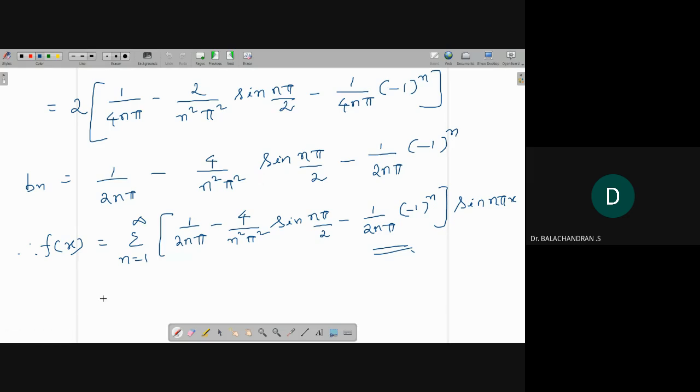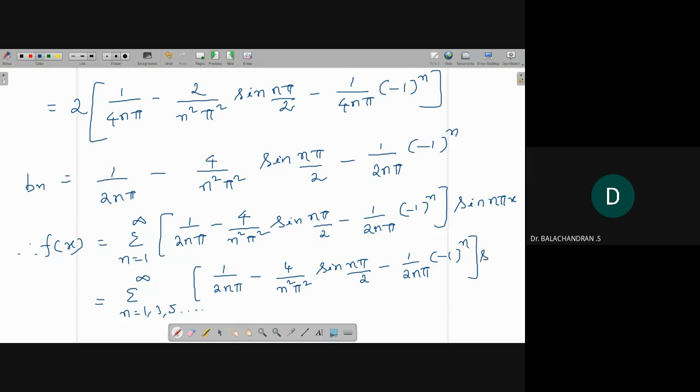So here, can I write summation n equal to 1, 3, 5 up to infinity, 1 by 2n pi minus 4 by n square pi square into sine n pi by 2 minus 1 by 2n pi minus 1 whole power n into sine n pi x. So still you can simplify.